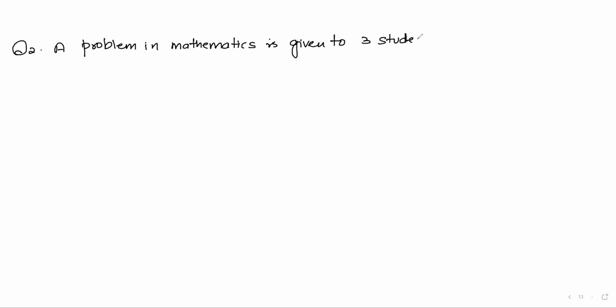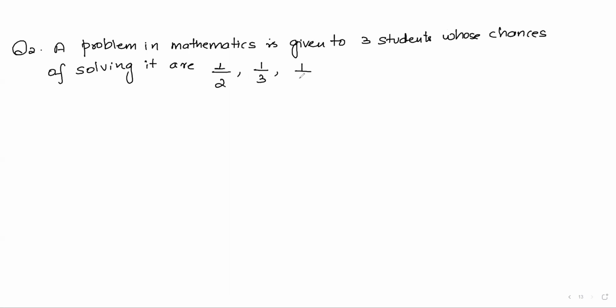Now, next, this is also a very good question. A problem in mathematics is given to three students whose chances of solving it are 1 by 2, 1 by 3, 1 by 4.